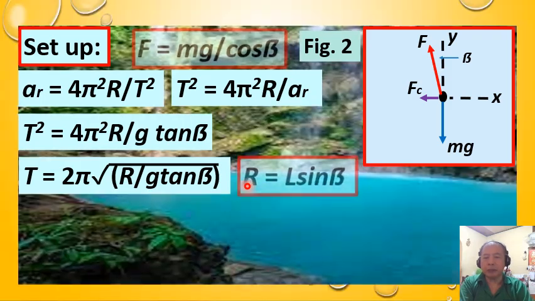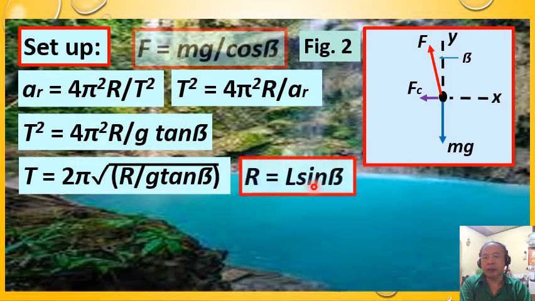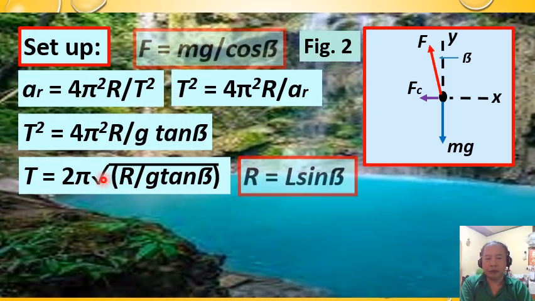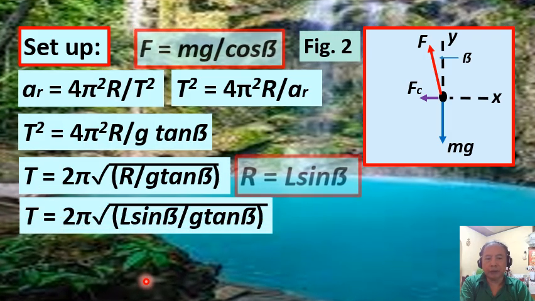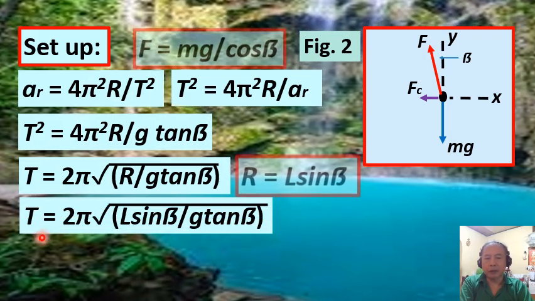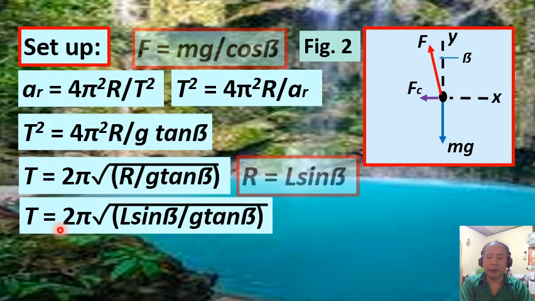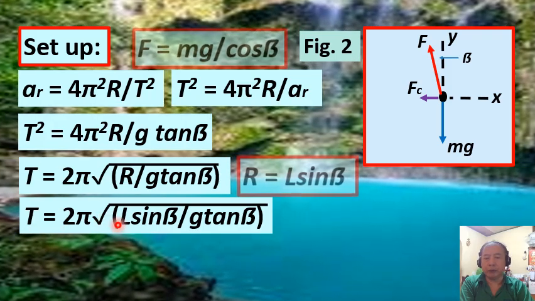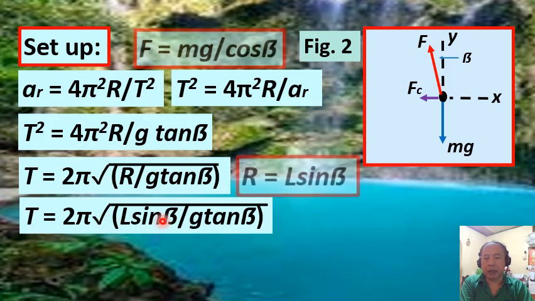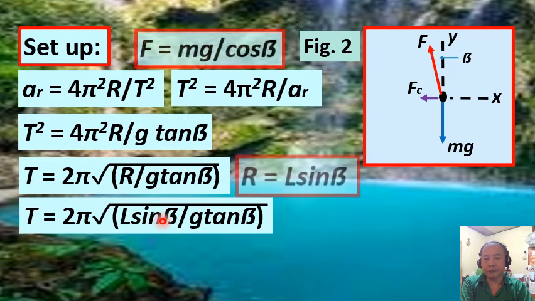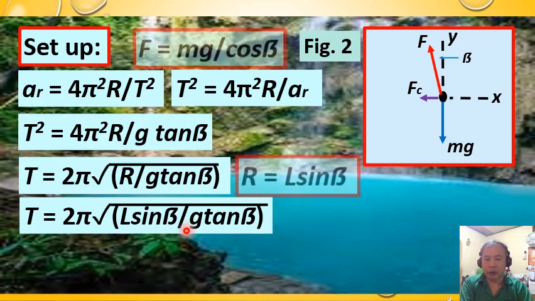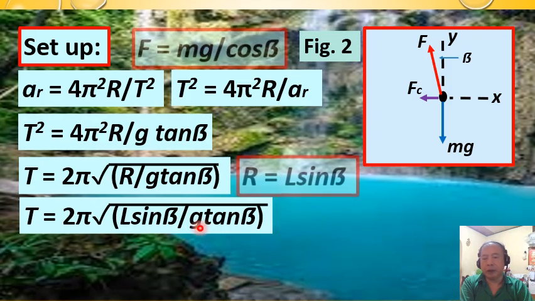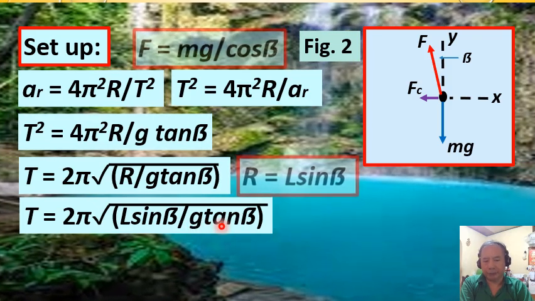So if we substitute big R in terms of L sine beta into this equation for the period capital T, we get the period capital T equals 2 pi times the square root of L sine beta, that is the equivalent of the radius big R, and then divided by the product of g tangent beta.